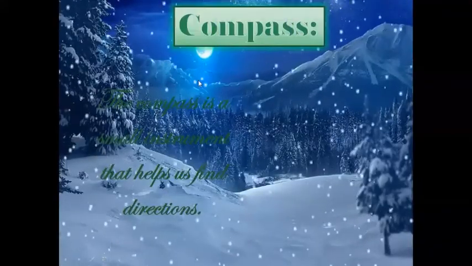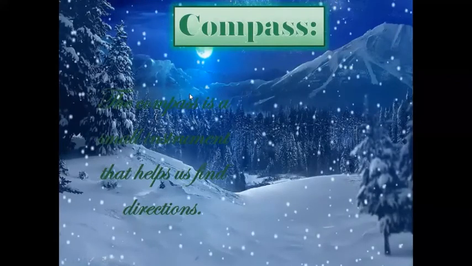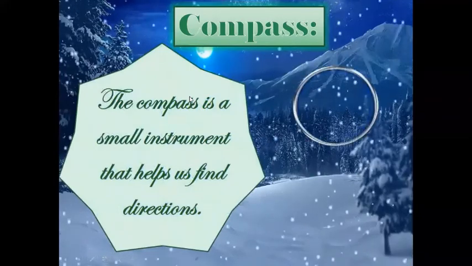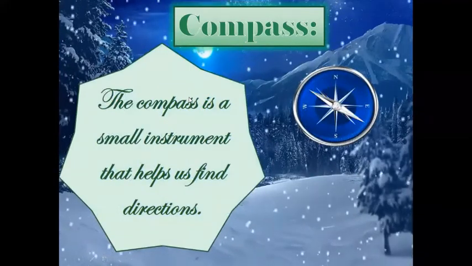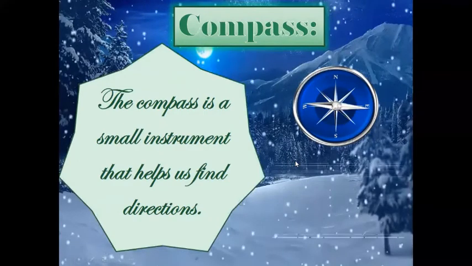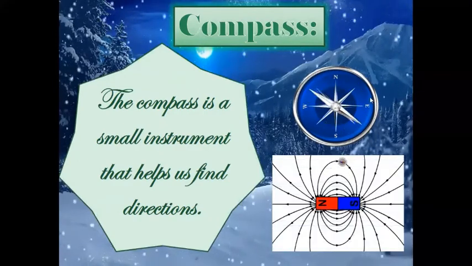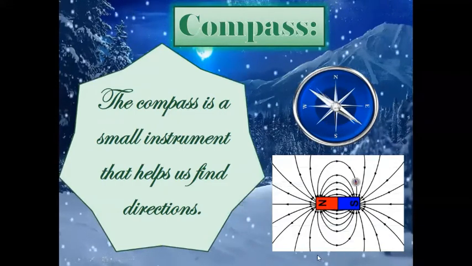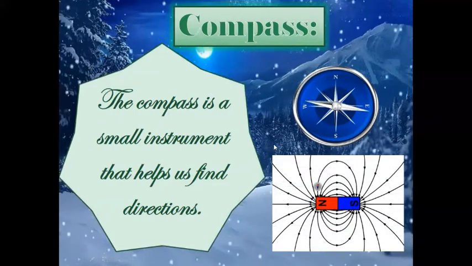Now students, what is the compass? The compass is a small instrument that helps us find directions. It has a small bar magnet in the center which always points to the north of the Earth's magnetic field.